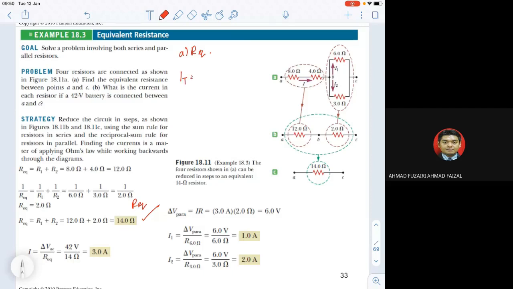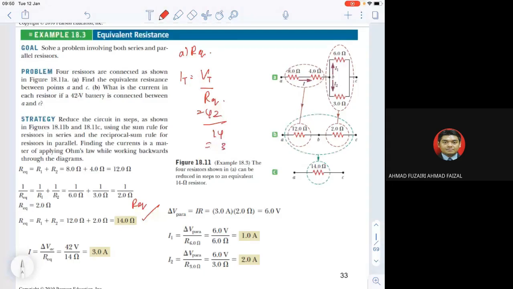Remember, I total is V total over R equivalent. V total is 42 volts. 42 divided by the R equivalent, 14, gives 3 ampere.